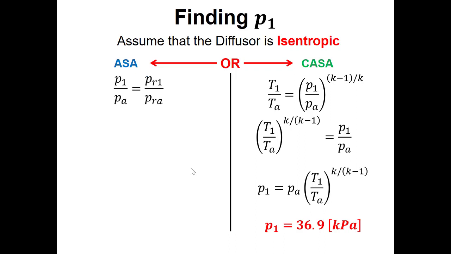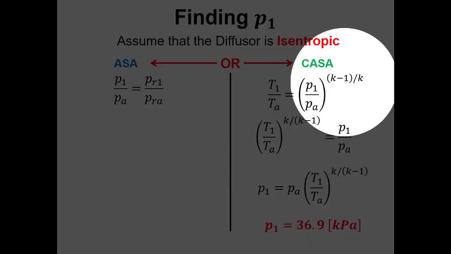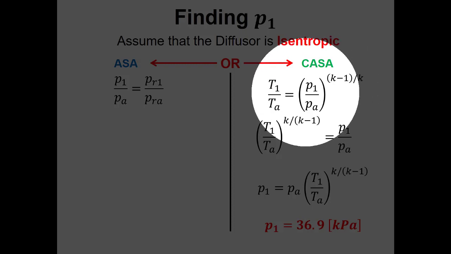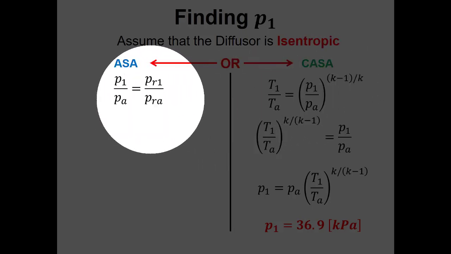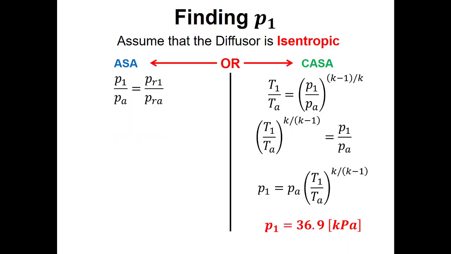If I'm using a variable specific heat analysis, I can't use this equation with K in the exponent because K is Cp over Cv, and Cp and Cv are changing. So instead, I use that the ratio of the pressures is equal to the ratio of the reduced pressures.